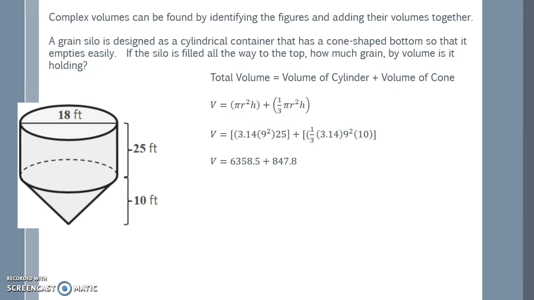Simplifying, we see that we end up with 6,358.5 plus 847 8/10. Adding them together, we see that we get 7,206 3/10 feet cubed.